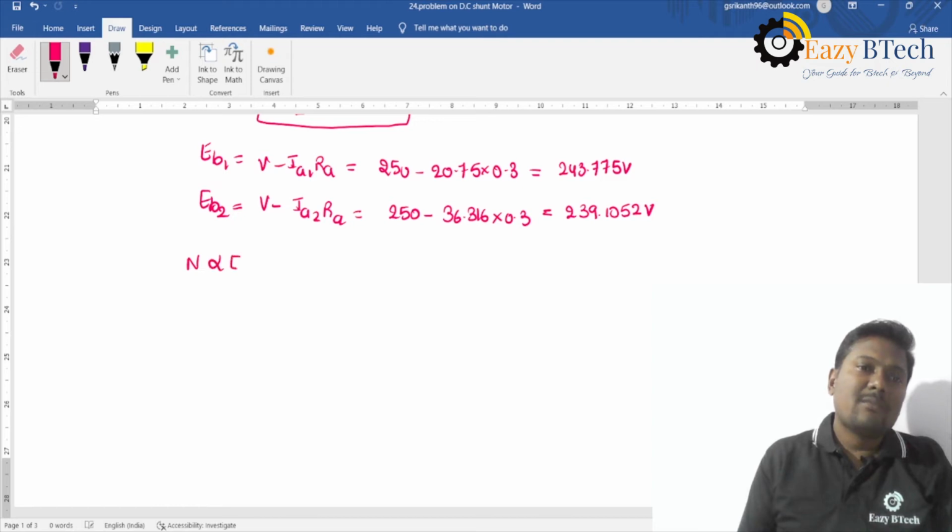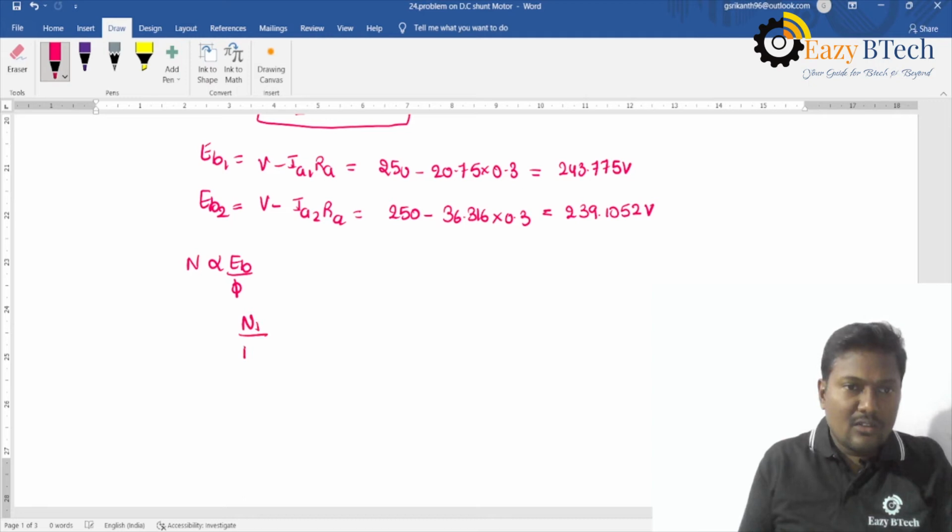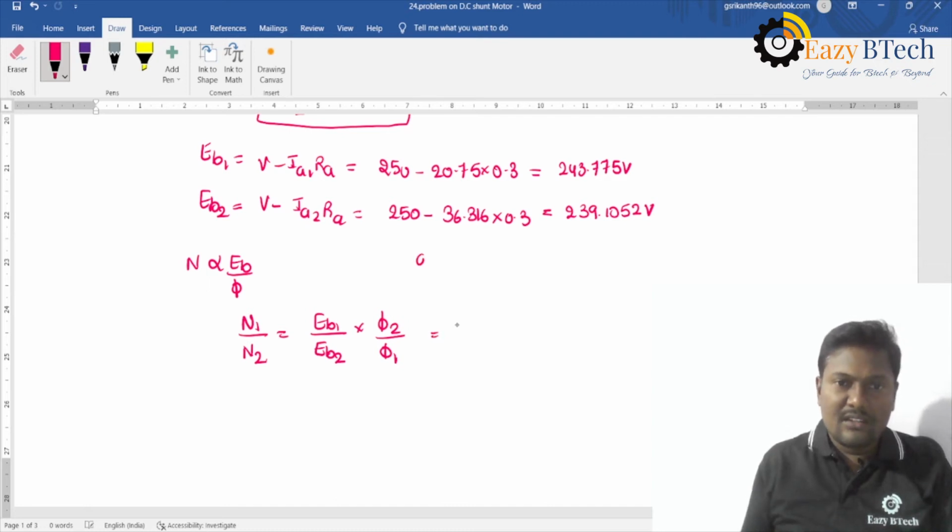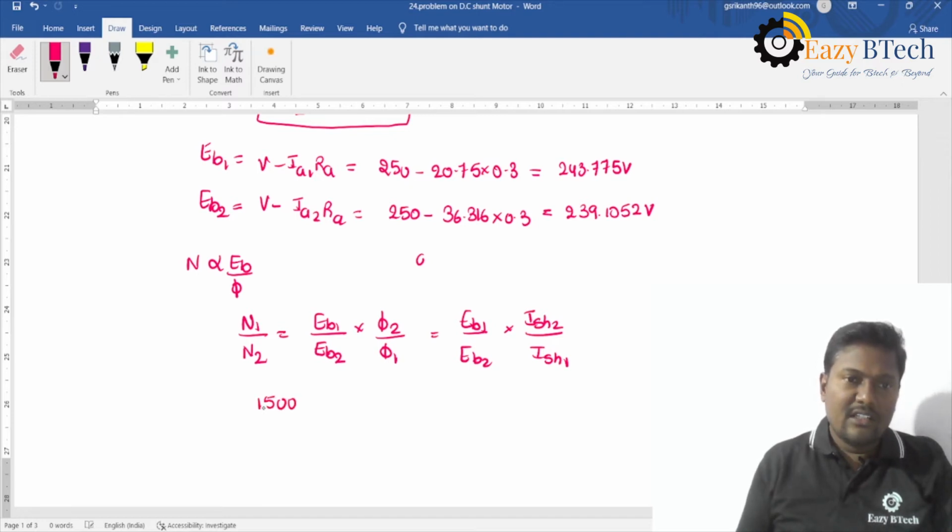So we have one relationship. N is directly proportional to EB divided by phi, and N1 by N2 is equal to EB1 by EB2 into phi 2 divided by phi 1. So phi 2 is replaced with shunt current 2, and phi 1 is replaced with shunt current 1. Now the speed N1 is 1500 rpm divided by N2.